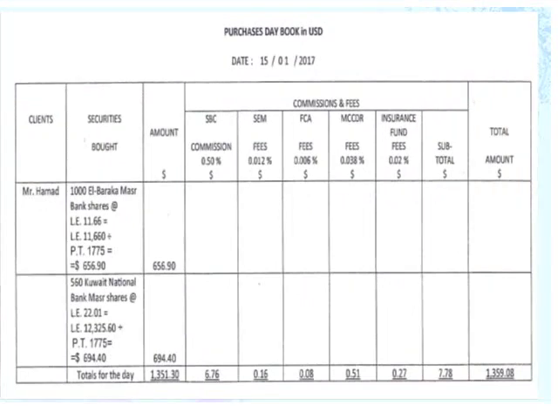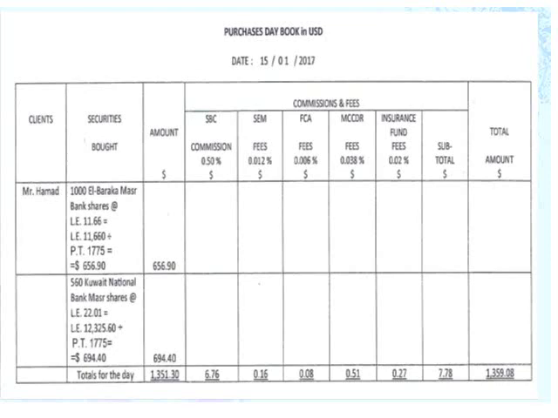Let us have a look at the purchases day book. On the 15th of January 2017, Mr. Hamad applied to buy two kinds of securities. The first is 1,000 Al Baraka Bank Egypt shares.